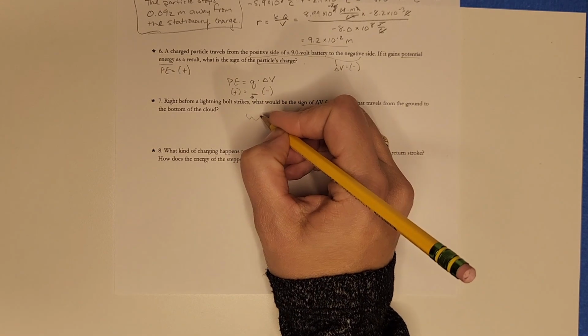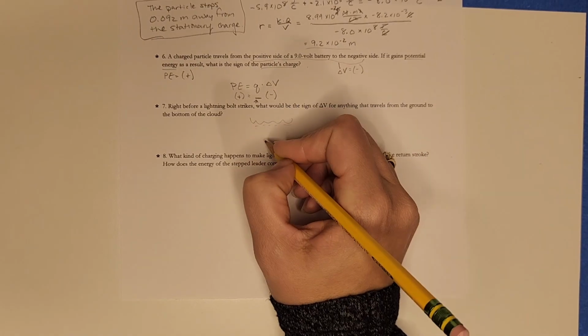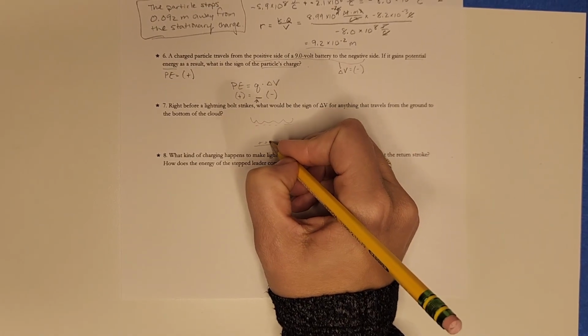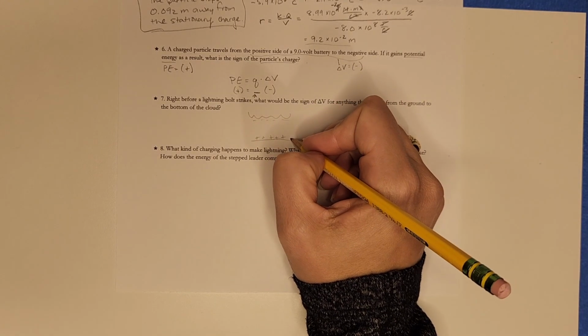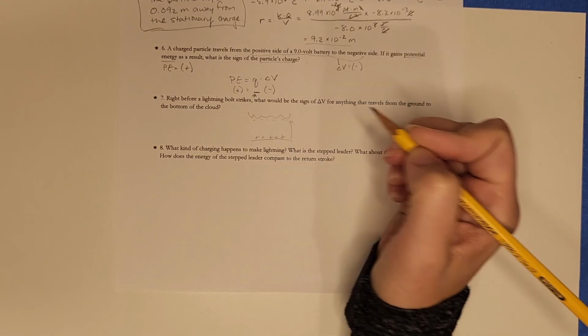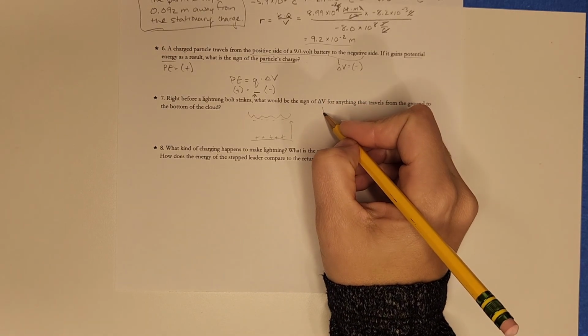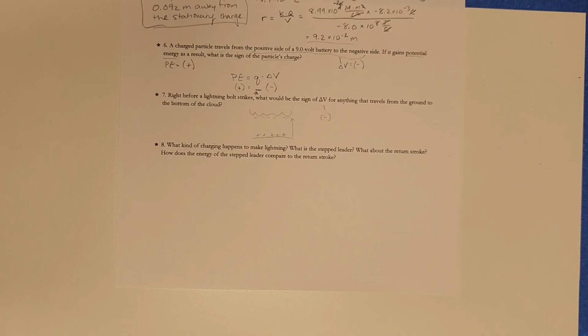The ground has positive charges. So we have cloud is negative and the ground is positive. Okay. So moving from positive to negative means that the electric potential decreased, and so that means the delta V is negative.